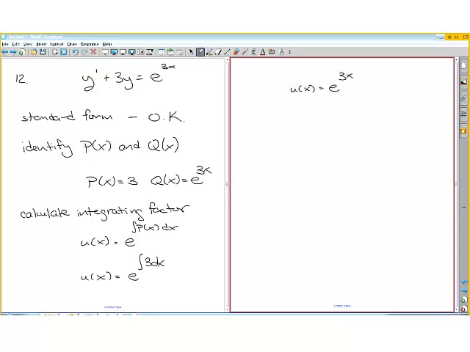The integral of dx is just x. So then you get 3 times x. We don't include the arbitrary constant because we never do that with integrating factors. We just need a solution. There's no best solution. I could add a constant in there and I think it would be okay, but we don't. Okay, so that's the integrating factor. This u of x is the integrating factor.